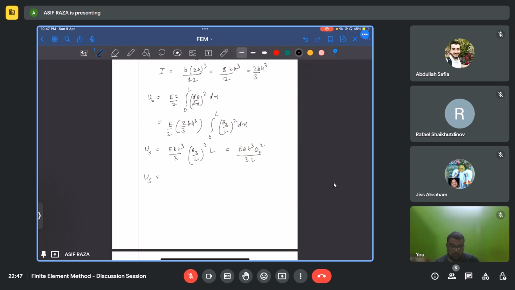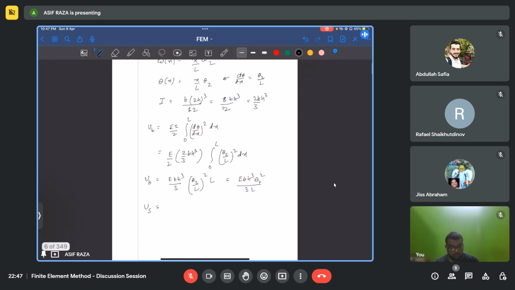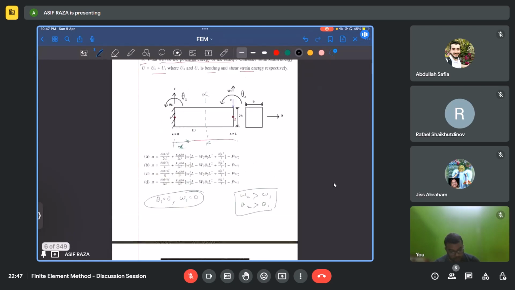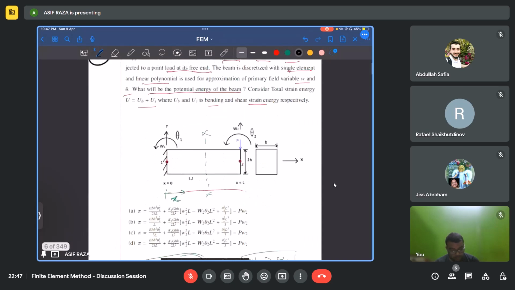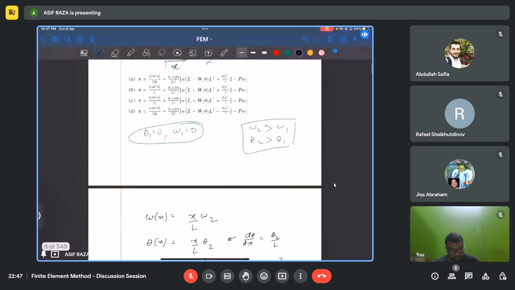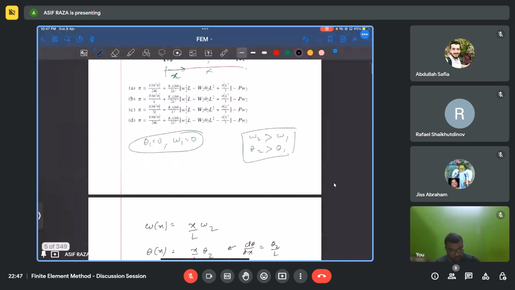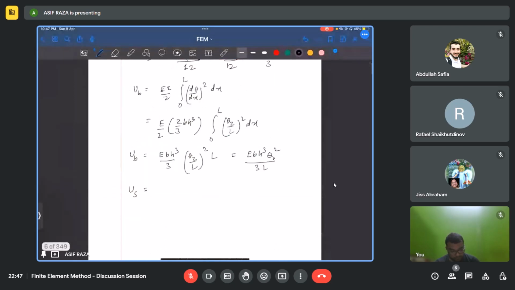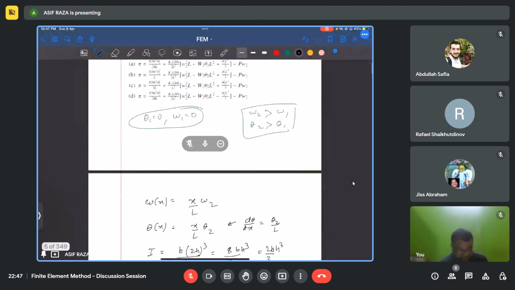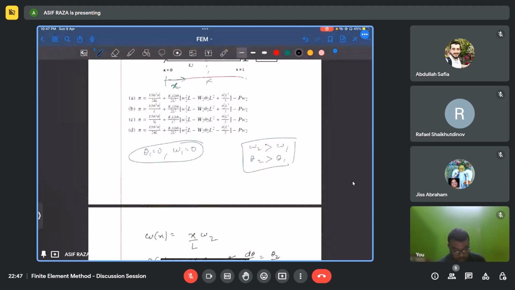Us is the shear strain energy, and we are given the shear modulus as G, and Ks is the shear correction factor.